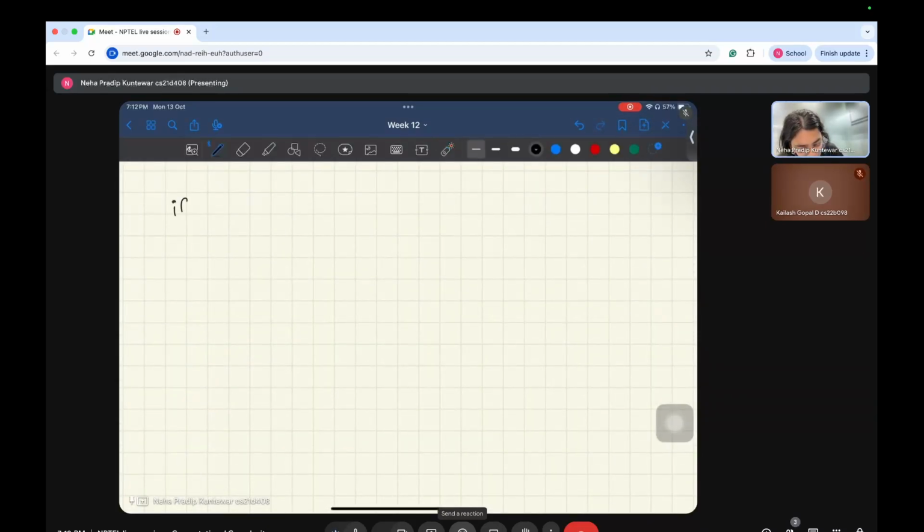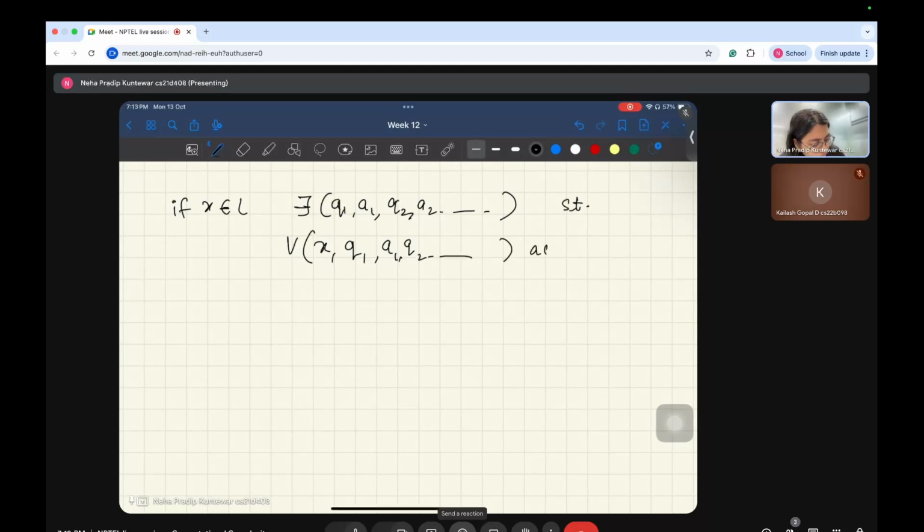So if x is in L, then there exists an exchange of messages between them. There exist some queries Q1, A1, Q2, A2, and so on between the verifier and the prover, such that the verifier accepts x.